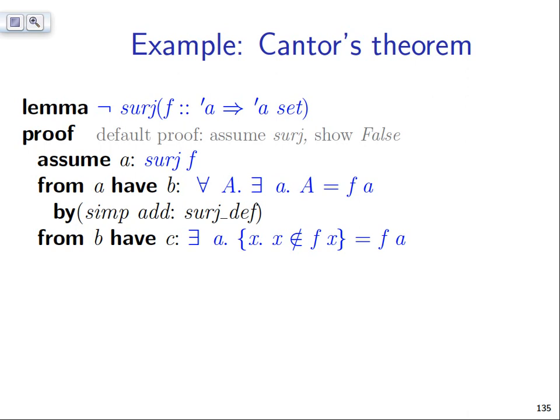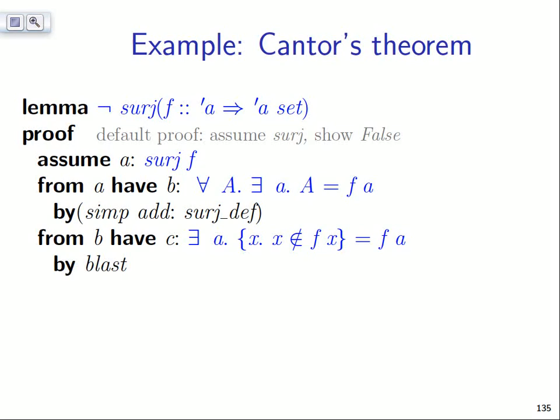Well, this statement is simply a specialization of the statement above. The statement above says for any set capital A, the little a exists. Now here I'm saying, well, then it has to exist in particular for this funny set, the set of all x such that x is not an element of f of x. And therefore, the step from B to C is just a step in pure logic and set theory.